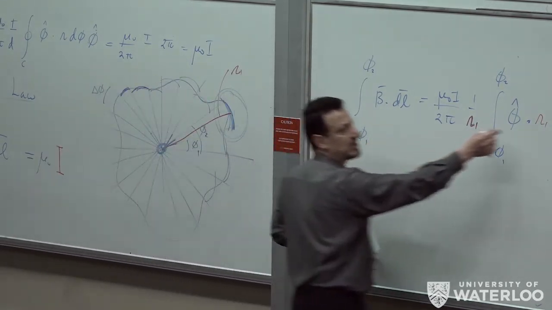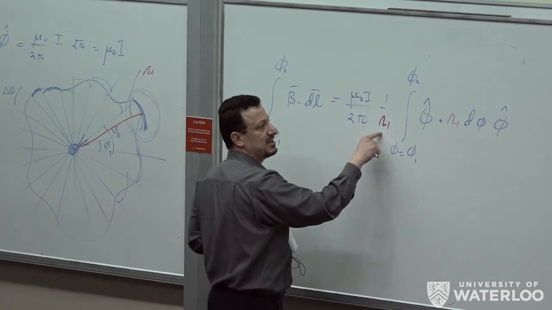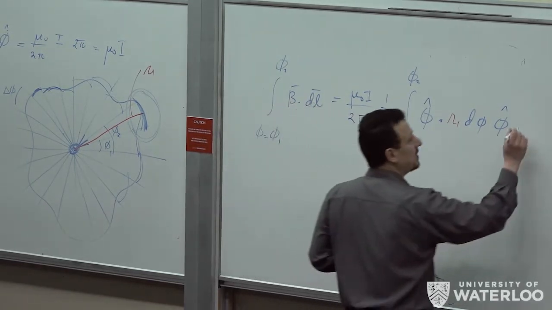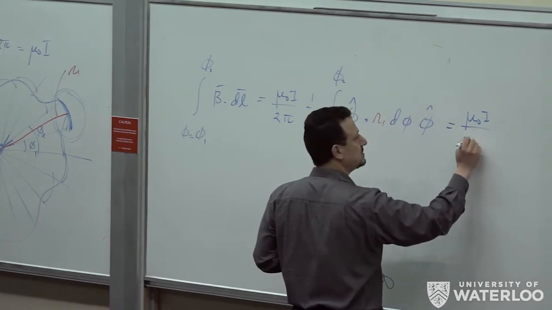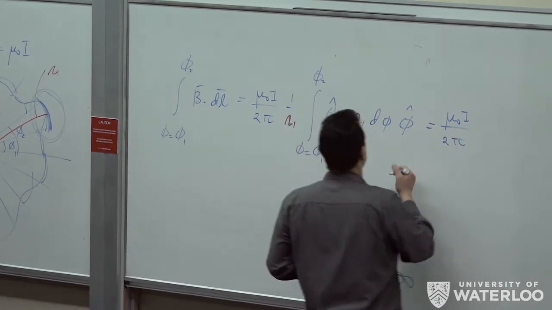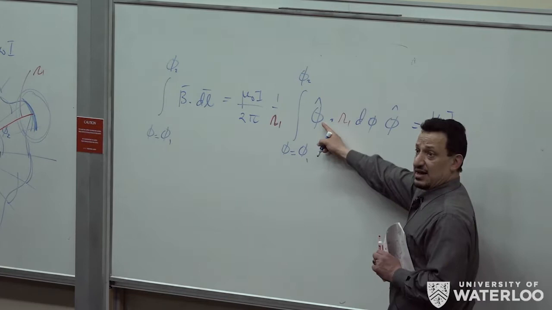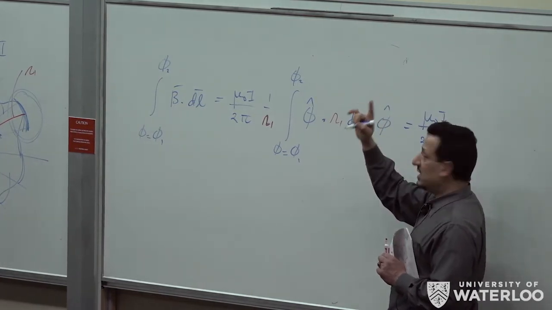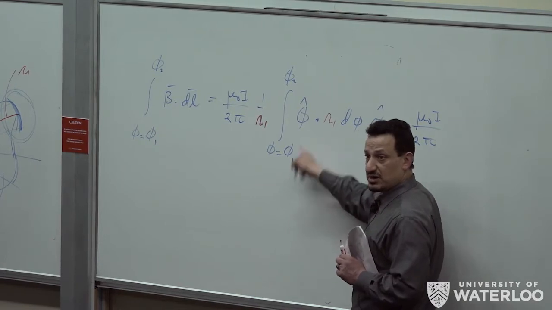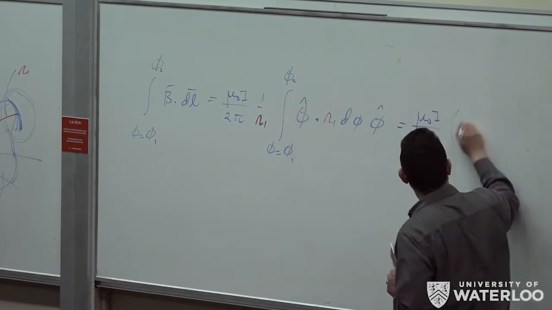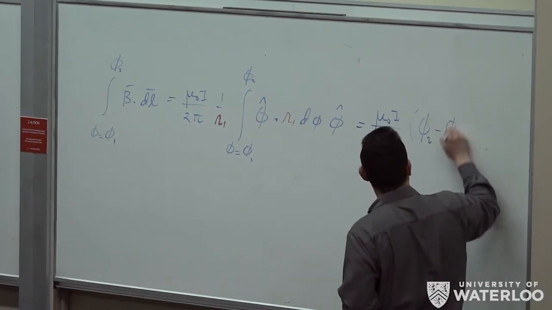So the R1 comes out, cancels with this. So I'll end up with mu naught I divided by 2 pi, integrating phi hat dotted with phi hat again is 1. I'm integrating d phi between what? Phi 1 and phi 2. So I'll quickly put that as phi 2 minus phi 1.